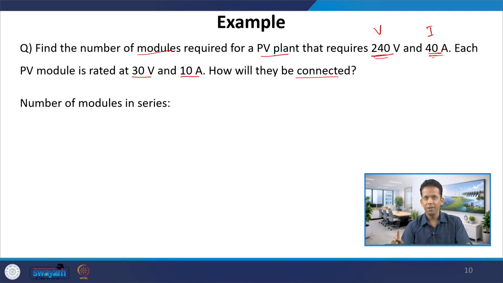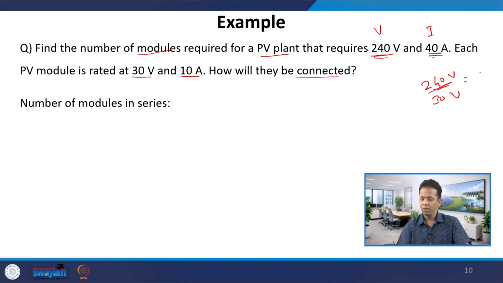So, the first thing is series, then parallel, and then find the total modules. Number of modules in series, how will you find them? What is the required voltage? 240 volt is the desired voltage. Voltage of one module is 30. So, we divide it by 30.